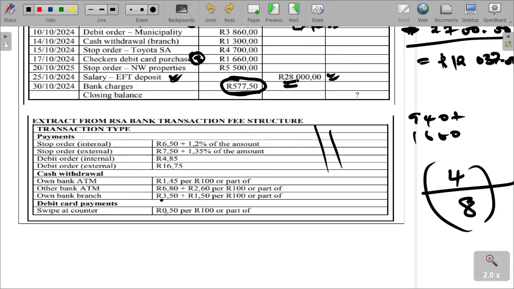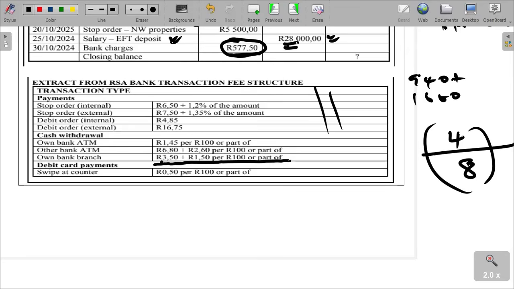So we are calculating the bank charges based on this.